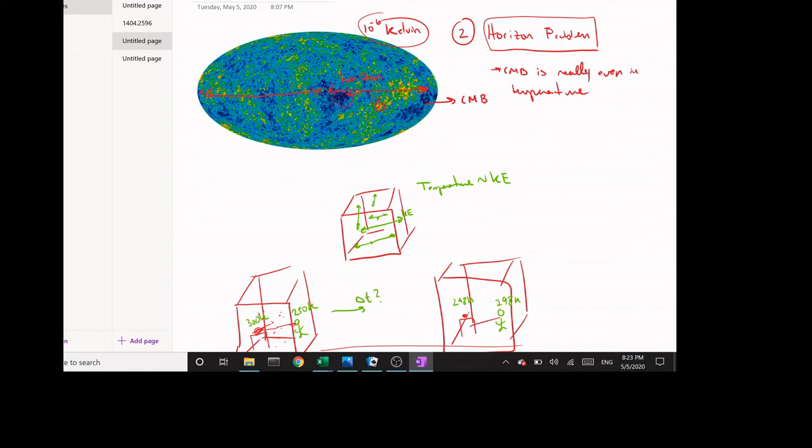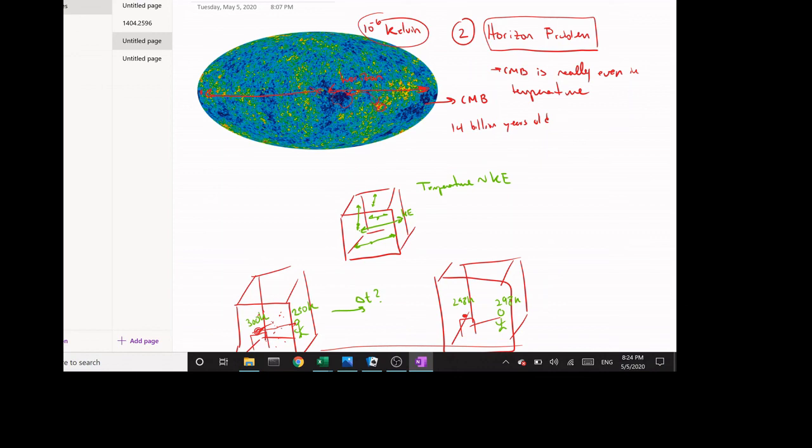What we see is that although the universe is gigantic, and even though the universe is only 14 billion years old, 14 billion years is not enough time for the photons on one end of the universe to make it to the other end, because the universe is larger than that. And so those two ends of the universe better not be at the same equilibrium temperature. And yet they are.